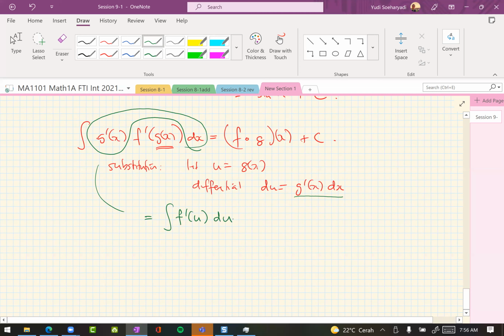Then this is just f of u, and this means f of g of x.